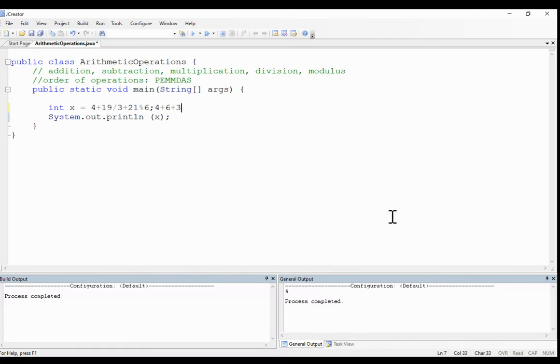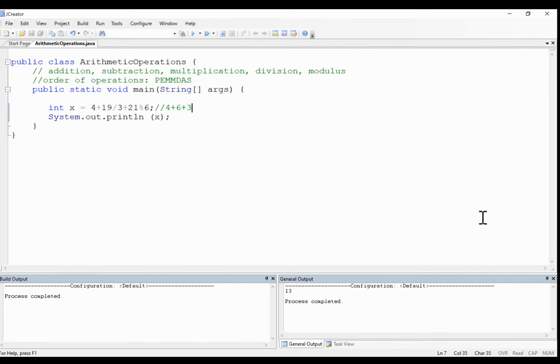Now the last operation is addition. So I'm going to put here 4 plus 6 is 10. So the answer is 13. So we have 4 plus 6 plus 3. So the answer is 13. So let's check. So run the program and see what we're going to get. And sure enough, we got 13.